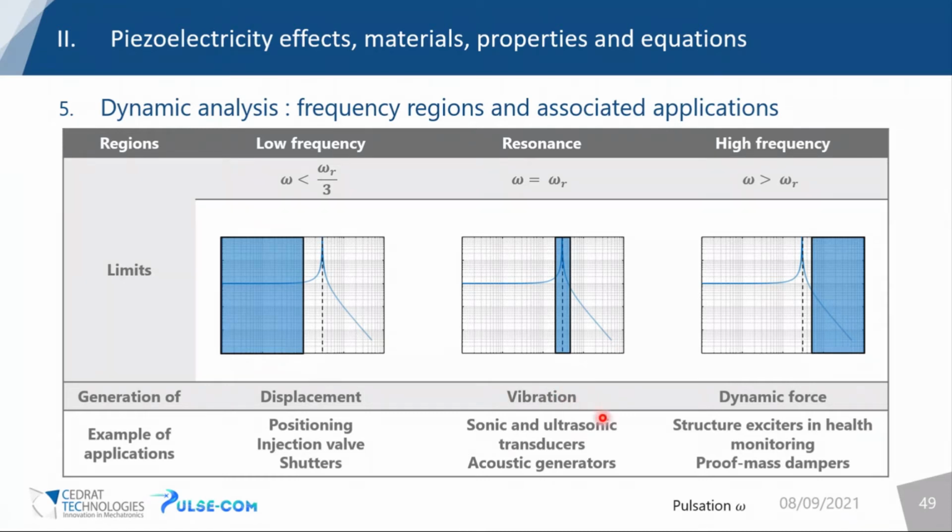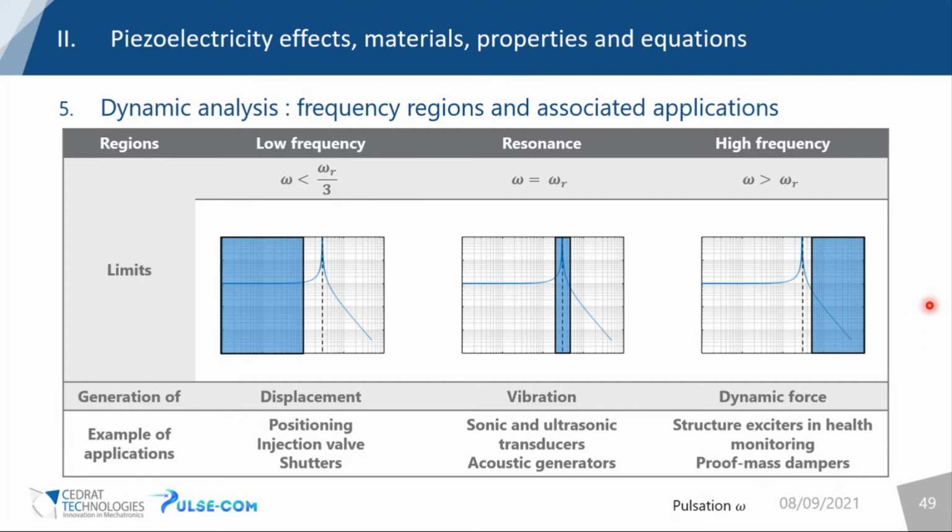And this is very useful for sonic and ultrasonic transducers, but also acoustic generators. And if you work above the resonance frequency, you will generate a dynamic force. And this is very useful for proof mass dampers, for instance.